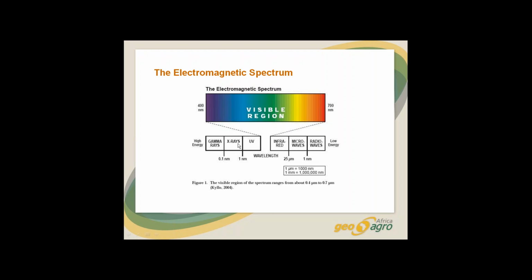So based on the wavelength, we can determine different aspects. We're going to focus only on the visible region, that is how light is decomposed, and also on the infrared, which is not visible to the eye, but is very relevant, as we'll see, for crop management. So those are the areas that we're going to focus on.